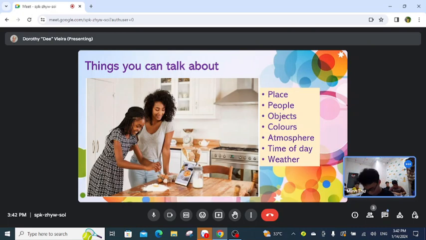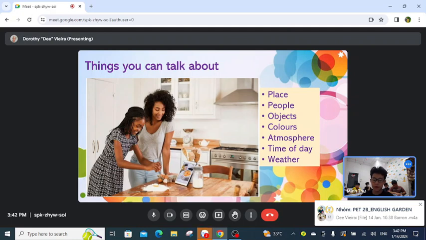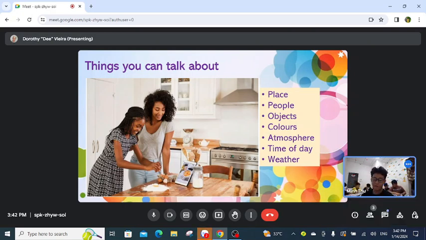Hello, teacher. Today I will describe a picture. This picture is about two girls making a cake in the kitchen. There's many chairs, the table, a extractor fan, cupboards, a stove, and the kitchen counter.